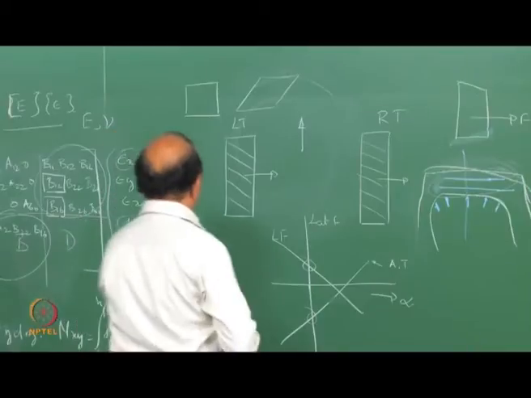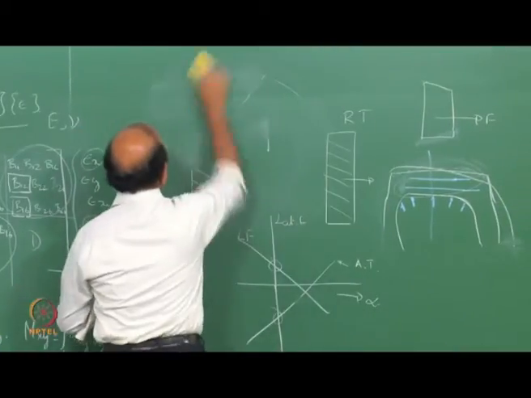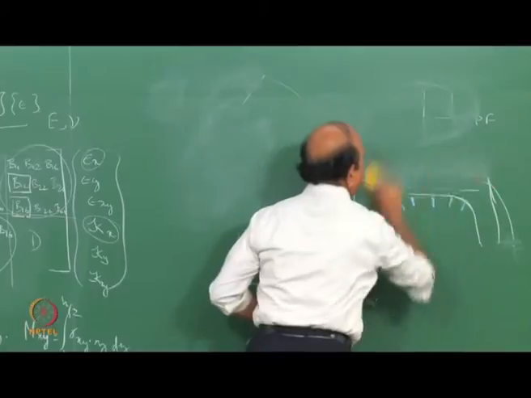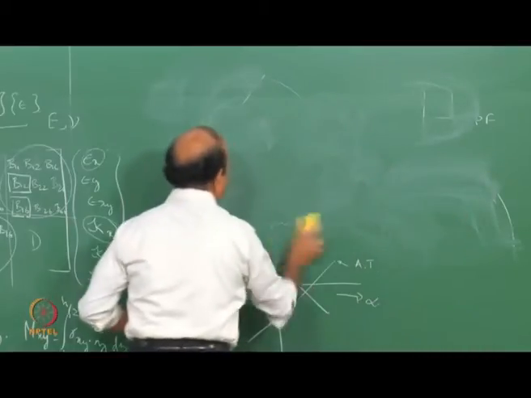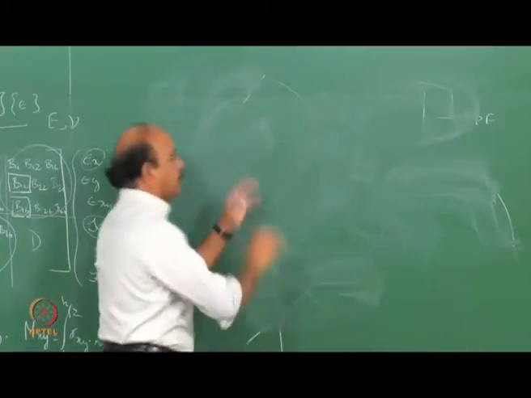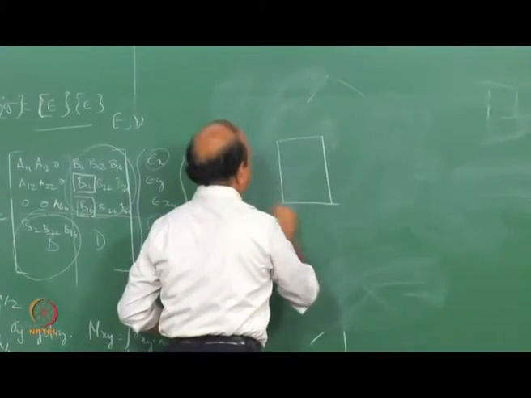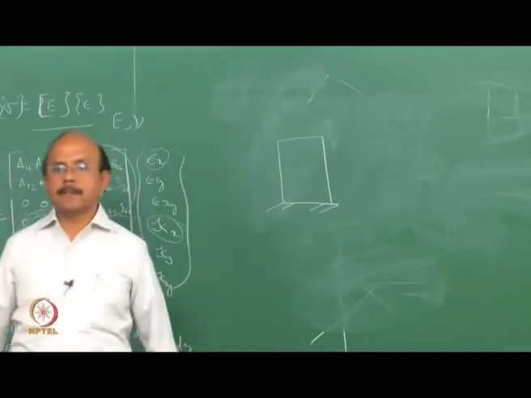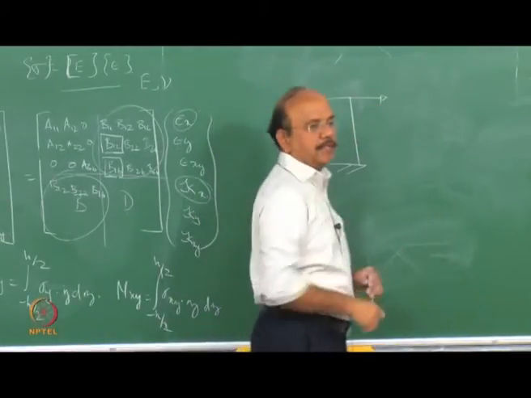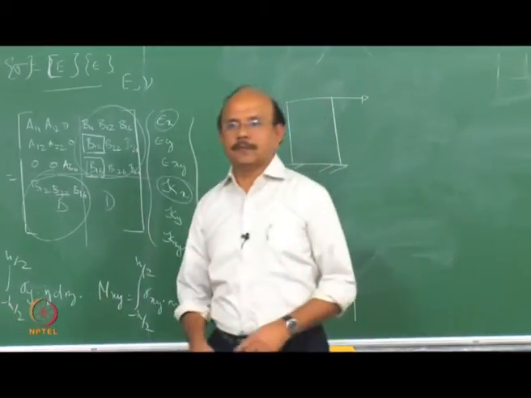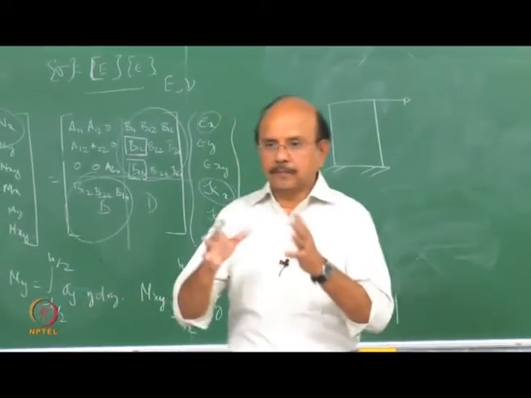Now, what happens when I apply a force? Let's now model these blocks. This is a plan view. Let me model this block, a square block, and apply a force in this direction, for both of these.